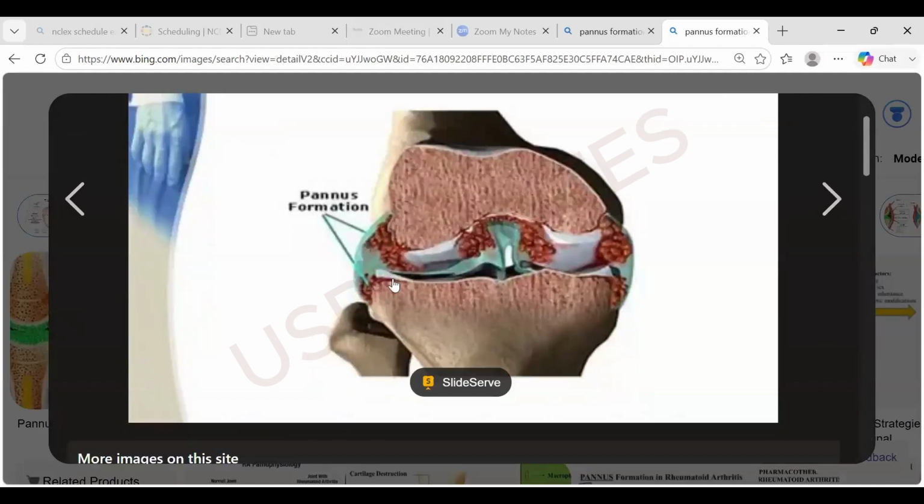Have you seen this one? Let me show you this one.